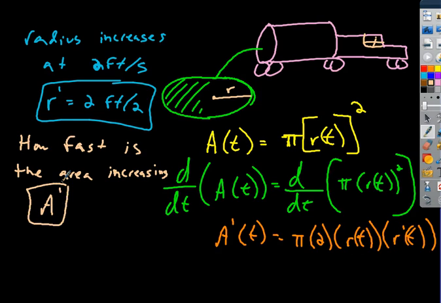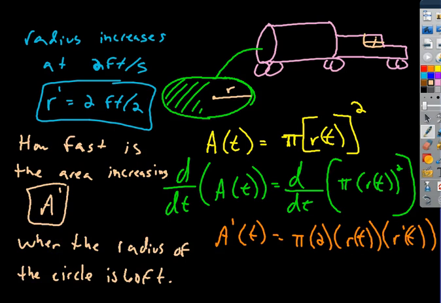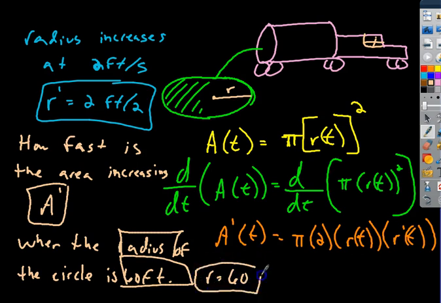And they said how fast is it increasing when the radius of the circle is 60 feet. So they told me what r was. So r is 60 feet, or in this case r of t is 60 feet. So it gave me some important information. So I know r prime, I know I'm looking for A prime, and I know what r is. Let's take the information and plug it into the problem.